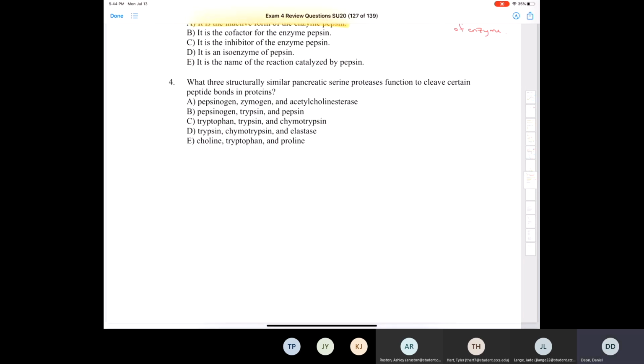Number 4, what 3 structurally similar pancreatic serine proteases function to cleave certain peptide bonds in proteins? I'm going to see who is watching the videos and who could answer number 4. Who could help me out with number 4?